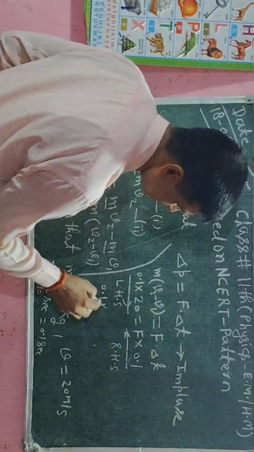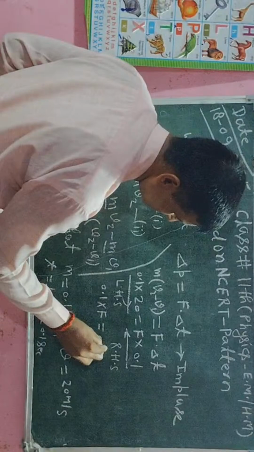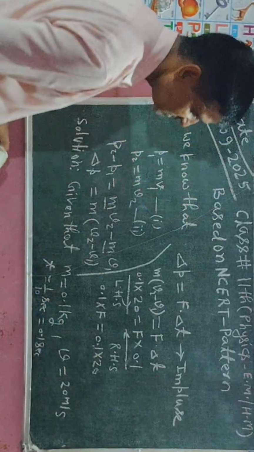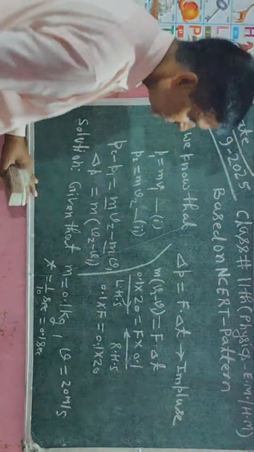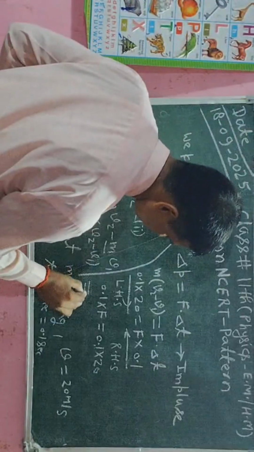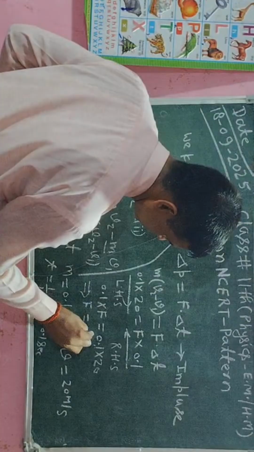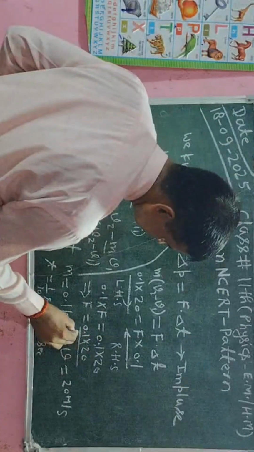So here 0.1 into F is equal to 0.1 into 20. I will simplify, and after simplifying I will get the value. This implies that F is equal to 0.1 into 20 divided by 0.1.